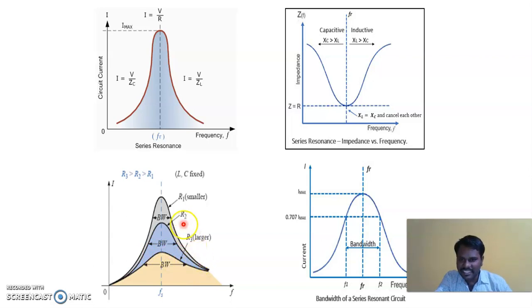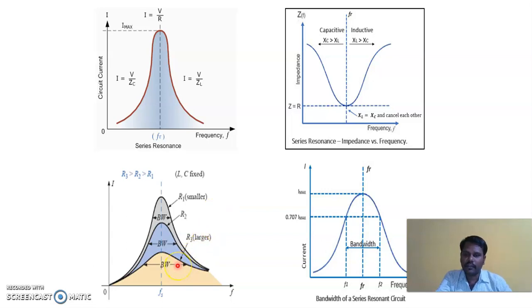If the resistance is decreased, then the bandwidth decreases. For a resistance which is very small, the bandwidth becomes very small and the sharpness of the curve increases with the decrease in the resistance.